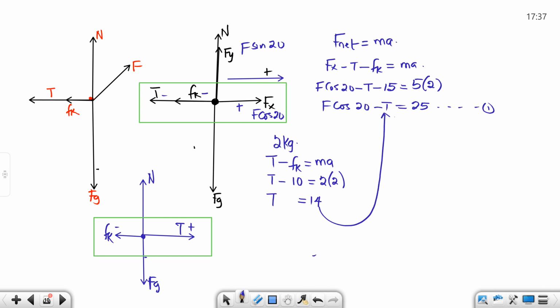You throw your 14 back in here, and then you get your applied force. 6 marks in the bag. Okay, it's something very easy to do. We can then throw that 14 back, and then you do your mathematics.